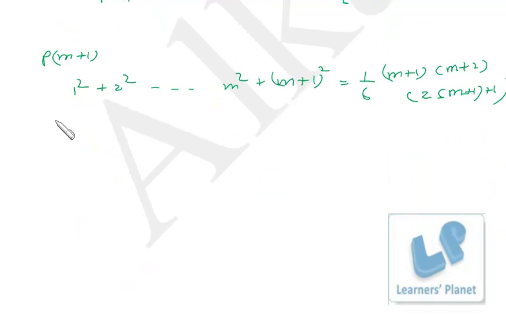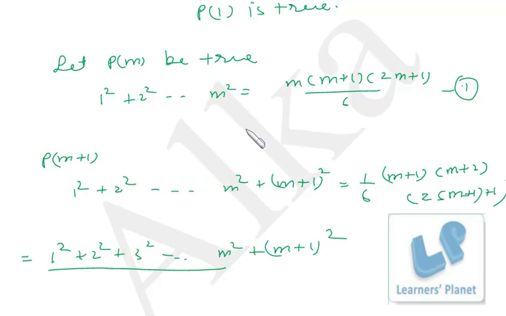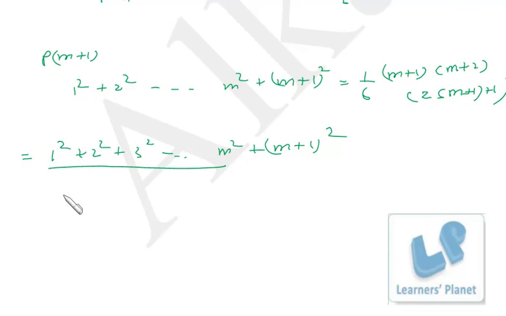Now what? 1 square plus 2 square plus 3 square till m square plus m plus 1 square, right? Now this is actually Pm plus 1. So 1 square plus 2 square up to m square, we know that it is m plus 1, 2m plus 1 by 6, right? So I just write it over here, m plus 1, 2m plus 1 by 6.